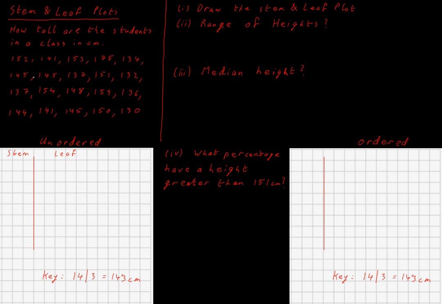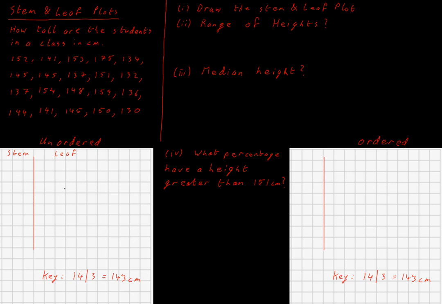So you can either do the ordering first, or you can draw an unordered plot and then redraw an ordered plot. Either will be acceptable for getting full marks, but you must do one or the other. It is a requirement that you do one or the other.